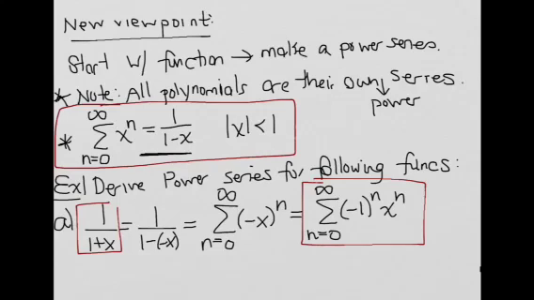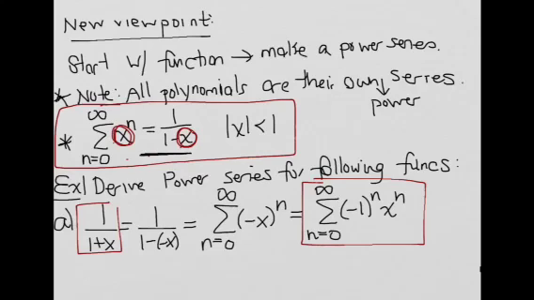I'm just using 1 over 1 minus x, but I've plugged in negative x instead of x. Where there was an x down here in the denominator, there's also an x here. Whatever you change there, you change over here.